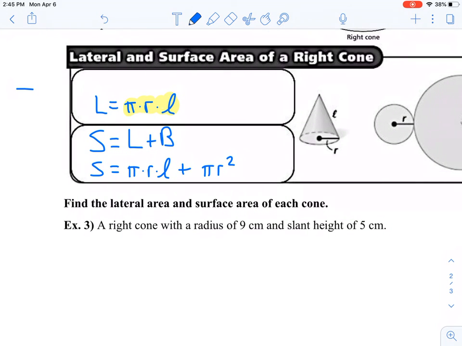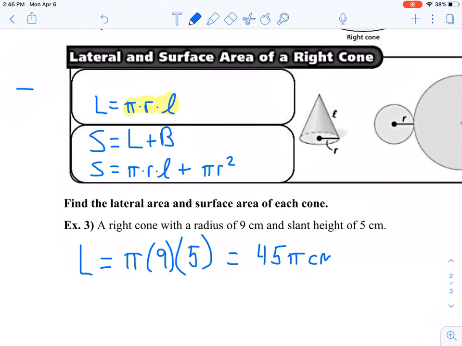So if we're looking at example 3, the lateral area is going to be equal to pi times the radius times the slant height, which would be 45 pi centimeters squared, and the surface area is going to be that same 45 pi plus the area of the base.